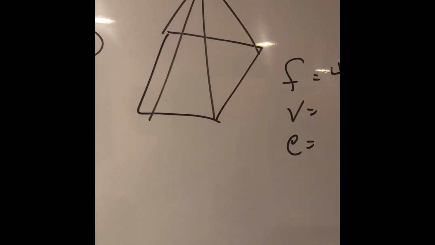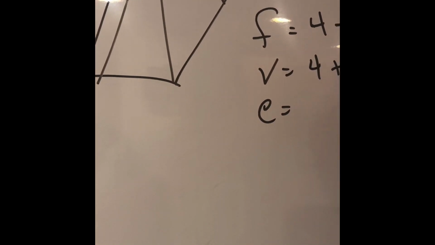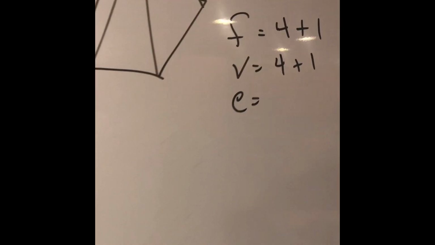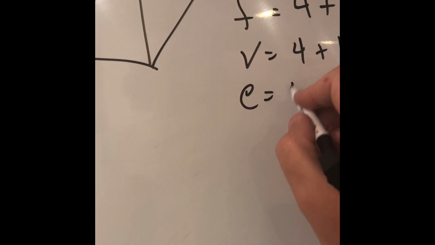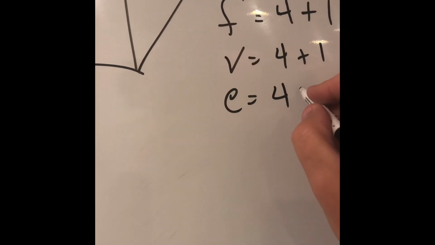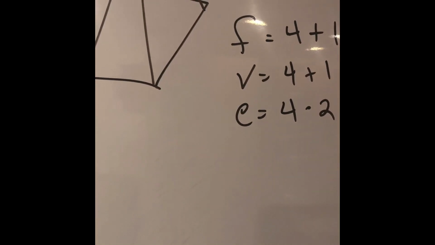Vertices, number of sides on the base, 4, plus 1. And then the edges, number of sides on the base, 4, times 2.